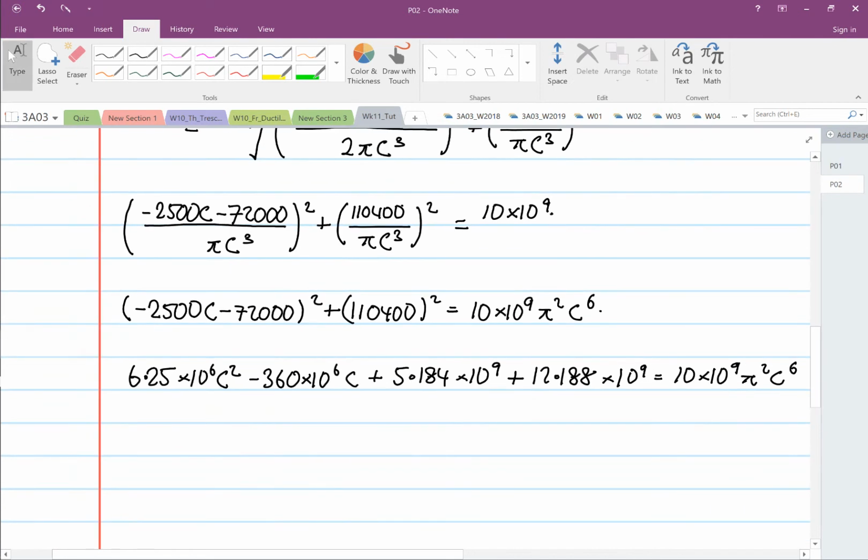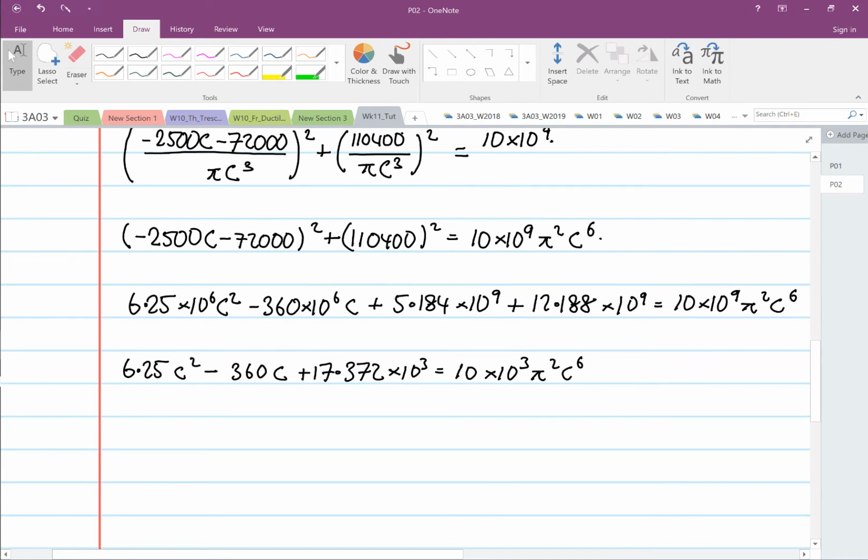Then you have 6.25 c squared minus 360c plus 17.372 times 10 to the power 3, and this will be equal to 10 times 10 to the power 3 pi squared c6.